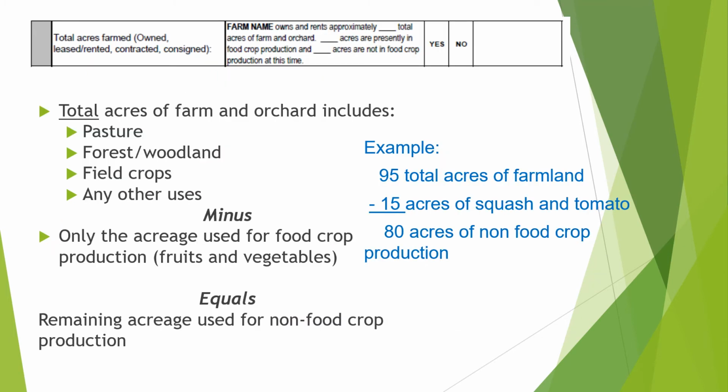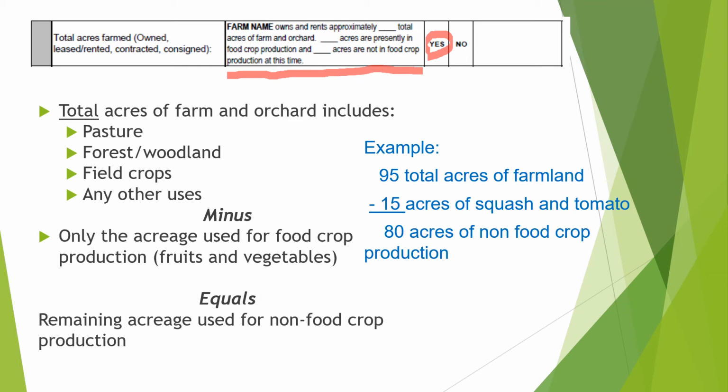On this template, you are asked to provide the total number of acres that are farmed. That would be including acreage owned, leased or rented, or contracted. Yes, I own, lease or rent or contract my farmland. Once I've provided yes, I need to remember that I need to provide my written response here in the section provided.